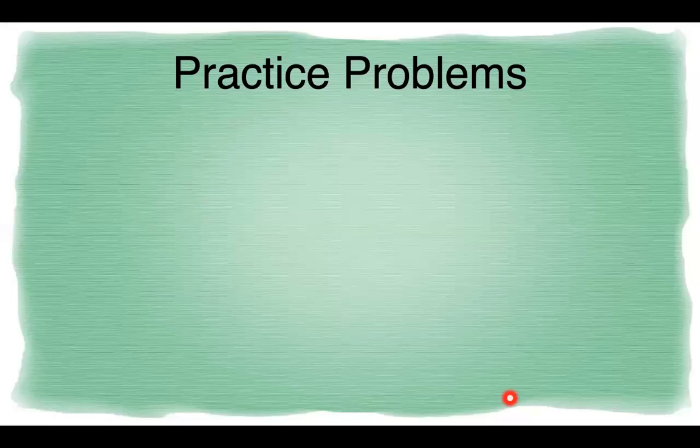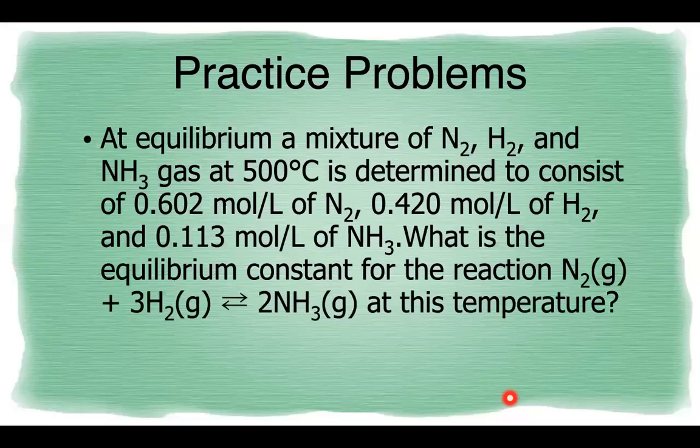All right. I'll go through one and then I'll have you guys go through one. At equilibrium, a mixture of N2, H2, and NH3 gas at 500 degrees C is determined to consist of 0.602 molar N2, 0.42 molar H2, and 0.113 molar NH3. What is the equilibrium constant for the reaction?